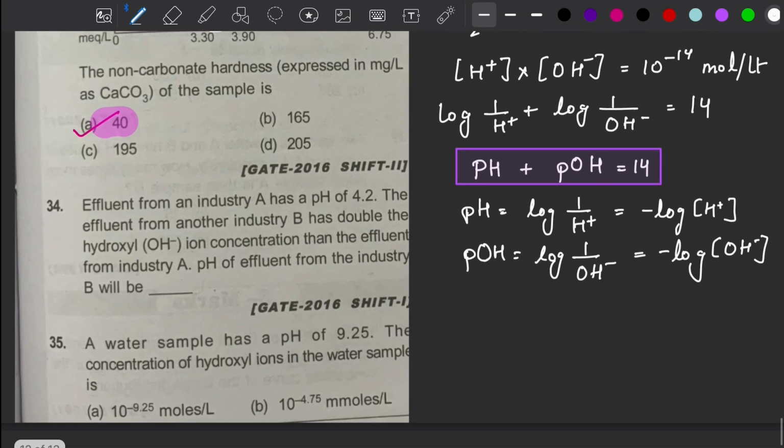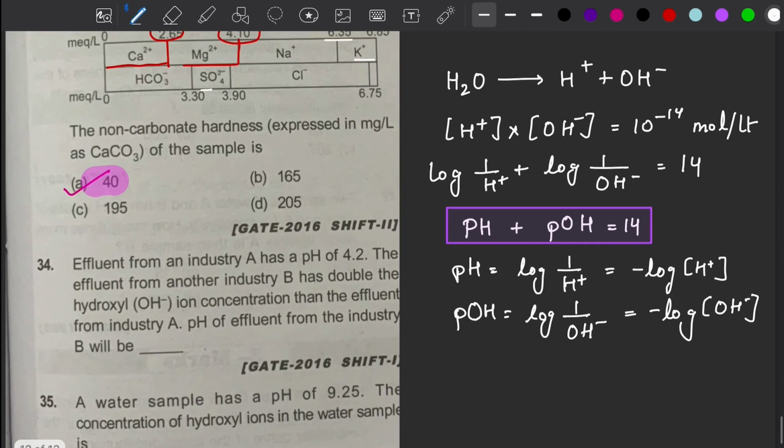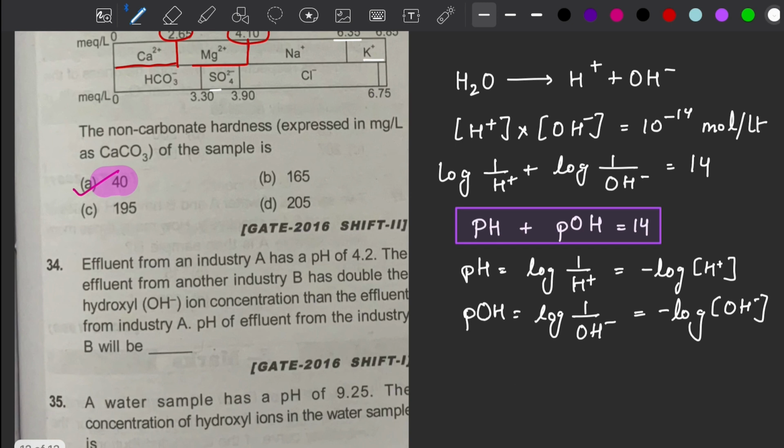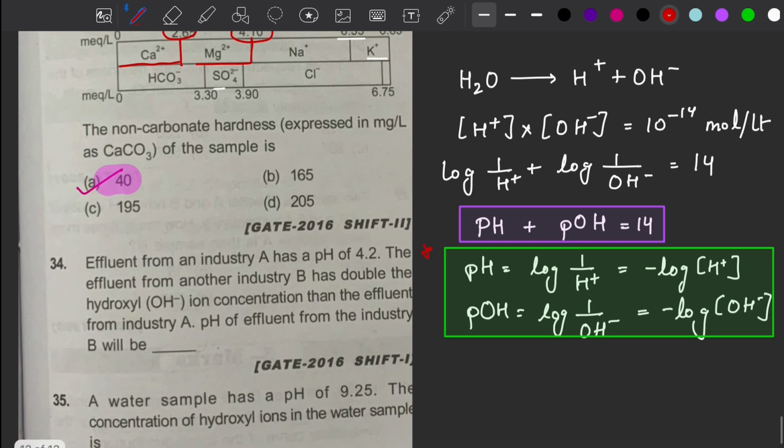Now this is all about the theory behind the question, the basic concepts behind the question.